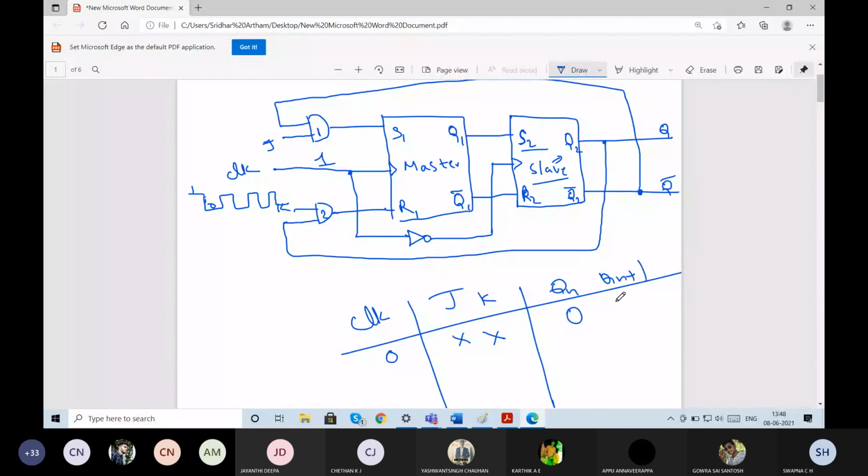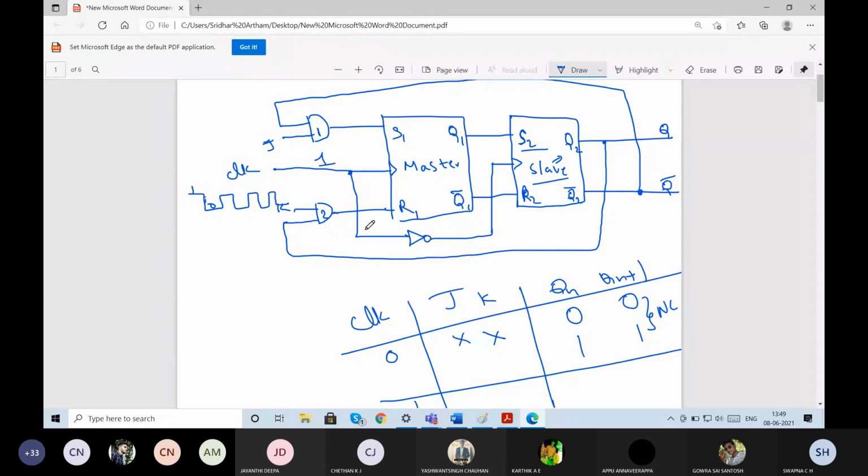If Qn was 0, Qn plus 1 was also 0. If Qn was 1, Qn plus 1 was also 1. It means the next state is not changing, it remains in the same state. When the clock was 1, the variation of the J and K values was affecting the next state.